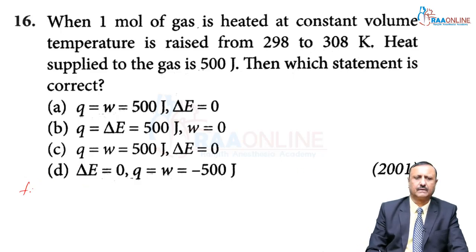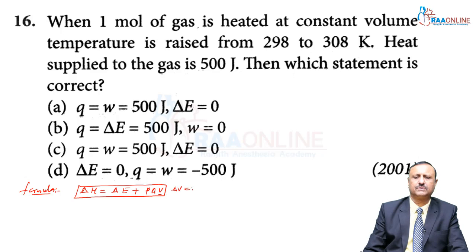That is the formula. First of all, we can see this formula, delta H is equal to delta E plus P delta V. Here you can see the delta V. 1 mole of gas is heated at constant volume, means volume is not changed.